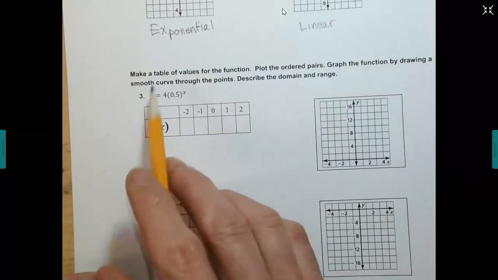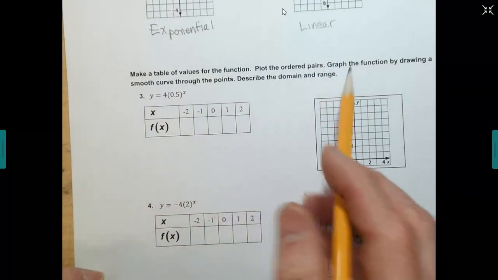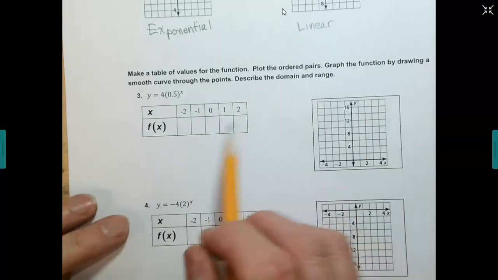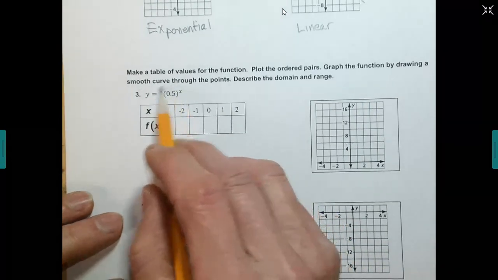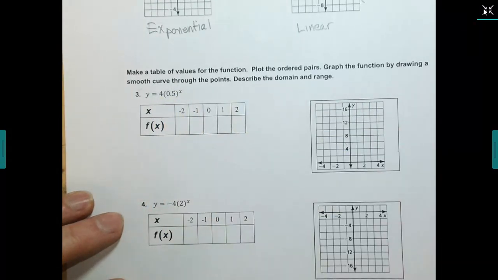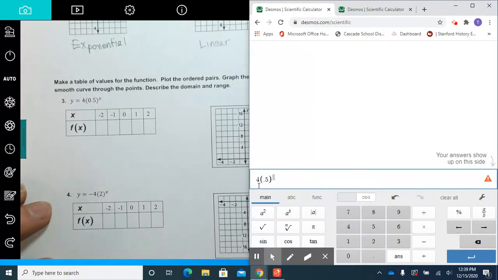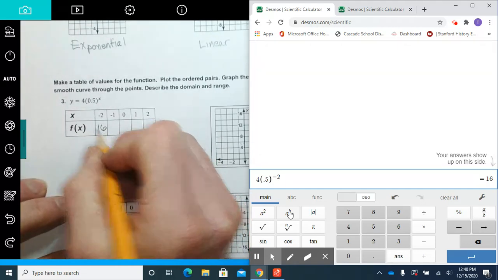Make a table of values for the function, plot the ordered pairs on the graph, graph the function by drawing a smooth curve through the points, and describe the domain and range. So I've got this function, which I'm going to put into the Desmos calculator. I've got 4 times 0.5 to the exponent value. So I plug in negative 2 and get 16.